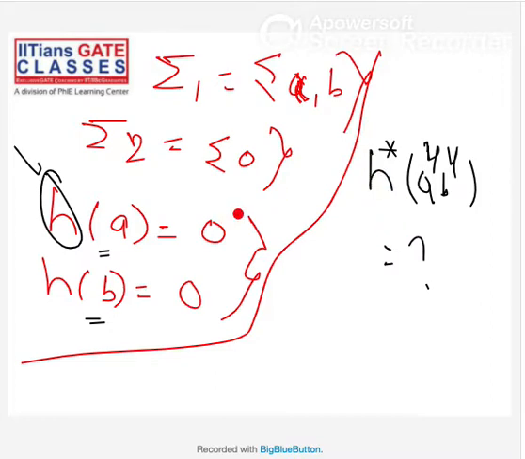Are you getting the point? Both are the same actually, nothing different here. This h of a means homomorphism of input symbol a. This h of b means homomorphism of input symbol b. Now what is this h star a power 4 b power 4? It means homomorphism of this string a power 4 b power 4. So what is h star a power 4 b power 4? Tell me.